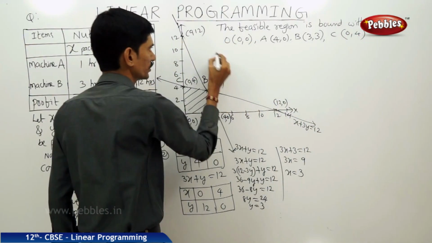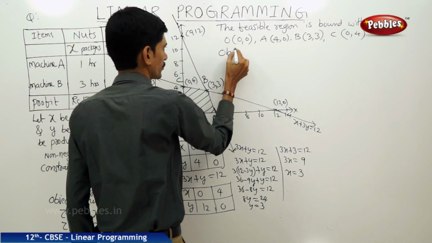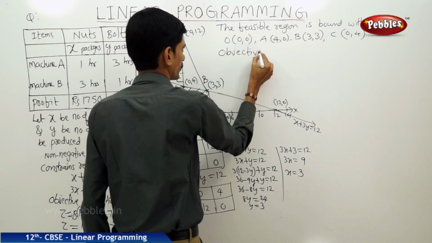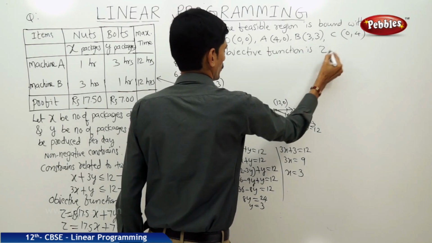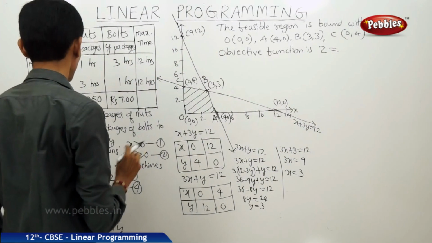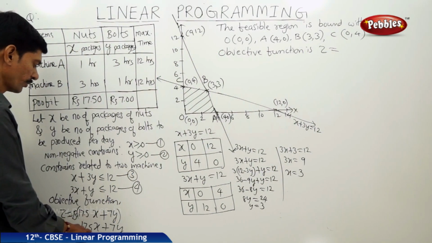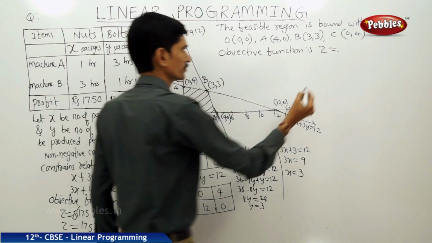The objective function is z equal to 17.5x plus 7y.